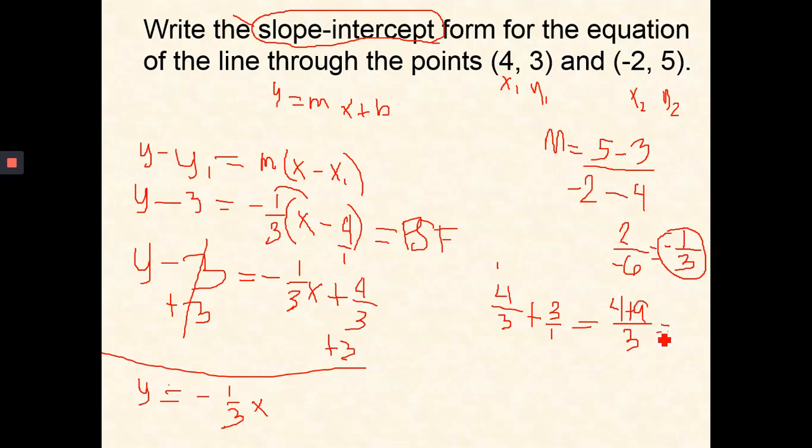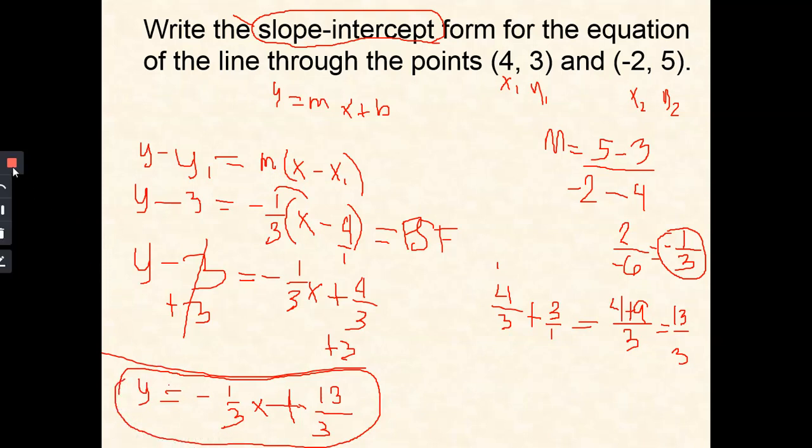Is equal to 4 plus 9, that is 13, all over 3. Okay? So you now have here positive 13 all over 3. So that is now the answer in slope-intercept form. y is equal to negative 1 over 3 x plus 13 over 3.